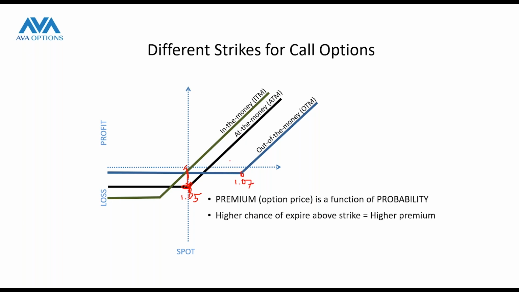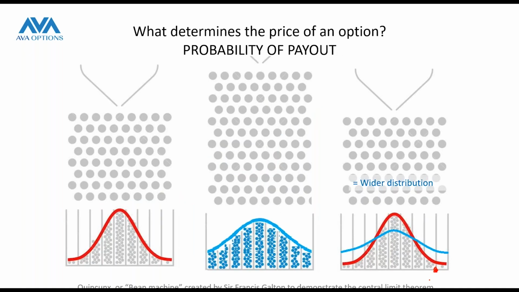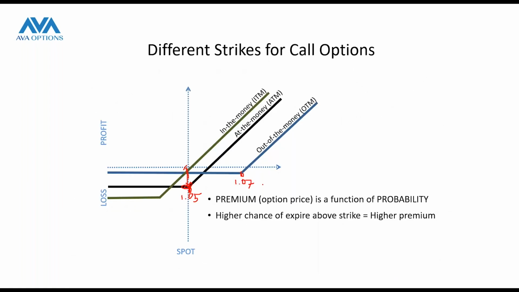Because the option will only have a payout above 107. And as we saw here, 107, let's say, is at this level. The amount of profit or the probability of a payout is much smaller than at 105, which is in the center. So that drives the price of an option. Where is the strike? That's one determinant of an option.